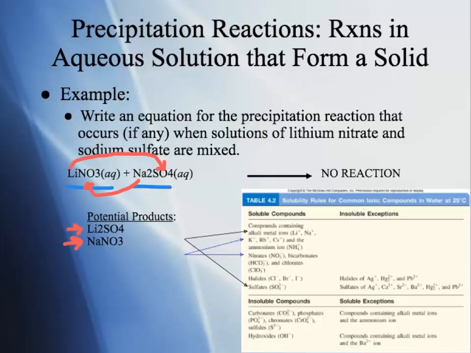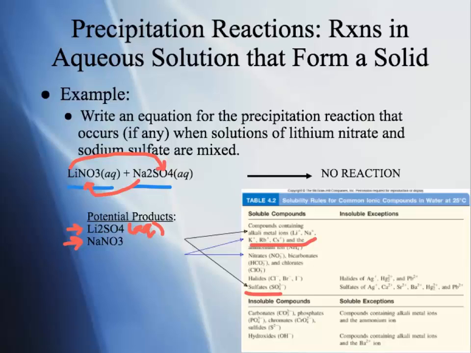The next thing we have to do is look at our solubility chart. So lithium sulfate. Here we have sulfates, and lithium is an alkali metal. Those guys are both soluble. So that means that lithium sulfate is going to stay dissolved in water, AQ. So we're not going to get a solid there.